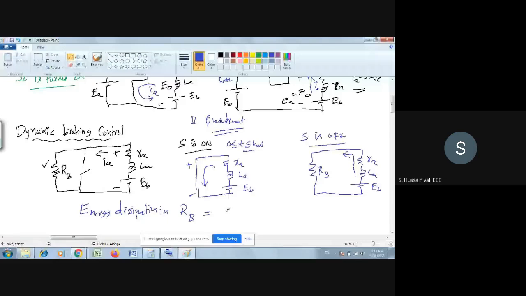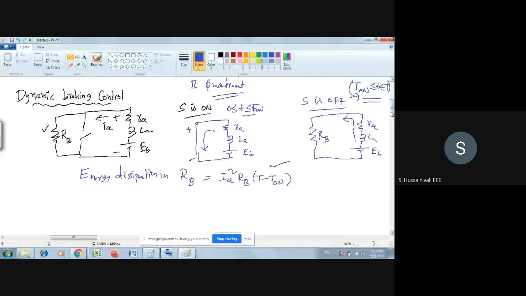The power dissipation in RB is IA square RB, but you multiply with time only during T off, when the switch is off. That is T on less than or equal to t less than or equal to T, where capital T is the period. The duration is T minus T on. That time multiplied with the power is the energy dissipation in RB.